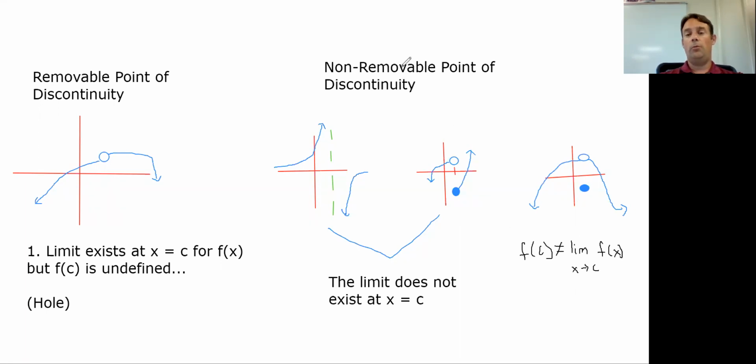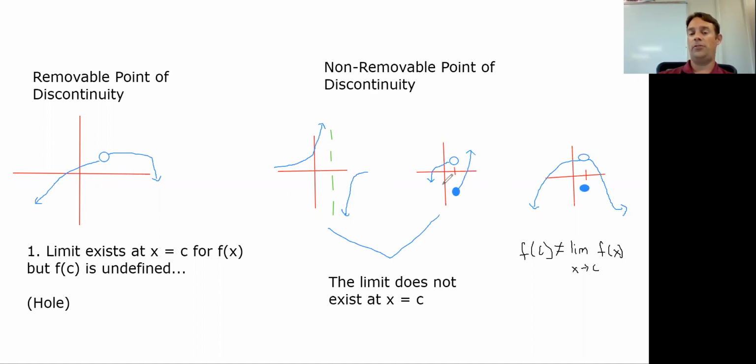So when you're looking at removable points of discontinuity, this is essentially what you're looking at. If the limit exists, but the function value is undefined, in other words, a hole, that would be a removable point of discontinuity. Every other discontinuity is non-removable because the limit doesn't exist. In this one, it's because it goes to positive or negative infinity. It's unbounded. This one, because the two one-sided limits don't agree, they're not equal to each other.